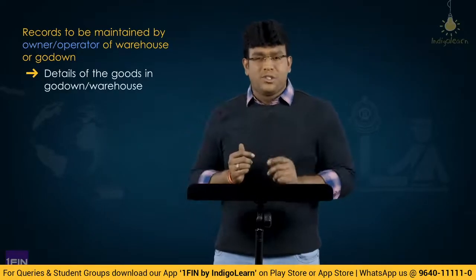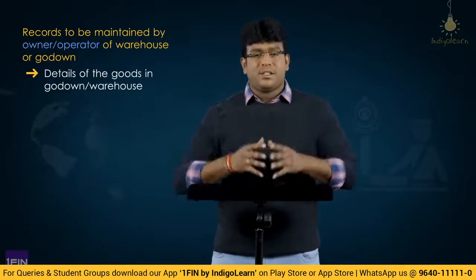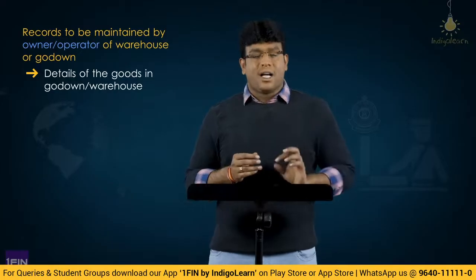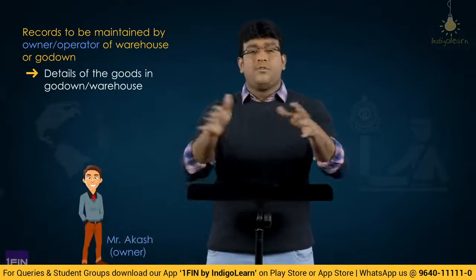And finally, with respect to the owner or operator of a warehouse or godown, that person should maintain proper records related to whose goods are lying in that godown or warehouse. For example, my dear friends, there is a possibility that there is one person, Mr. Akash. Akash is the owner of a warehouse.